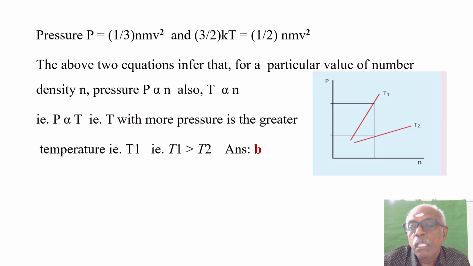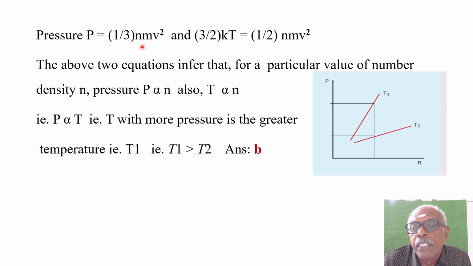We have two equations. The equation for pressure P exerted by a gas is 1/3 nmv². And the equation for kinetic energy of the gas is 3/2 kT equal to 1/2 mv². So according to the first equation, P is directly proportional to n.